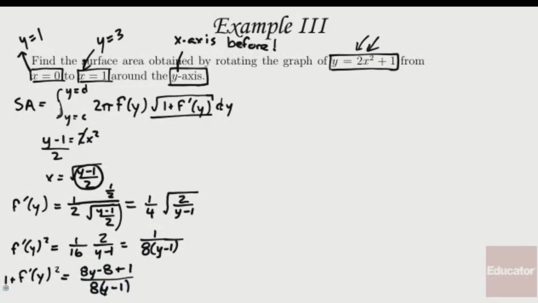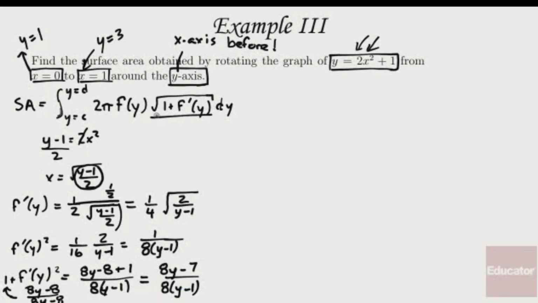So what I did there was I wrote that 1 as 8y minus 8 over the denominator 8y minus 8, because I wanted to combine everything over a common denominator. So I can simplify that down a little bit into 8y minus 7 over 8 times the quantity y minus 1.